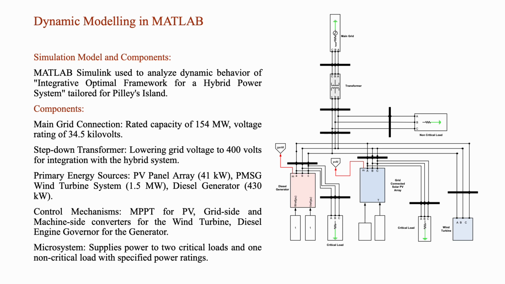The primary energy sources are a PV panel array with 41 kilowatts, a PMSG wind turbine system with 1.5 megawatts, and a diesel generator of 430 kilowatts. For the control mechanism we use MPPT for PV, grid side and machine side converters for the wind turbine, and the diesel engine governor for the generator. The microsystem supplies power to the two critical loads and one non-critical load with specific power ratings.